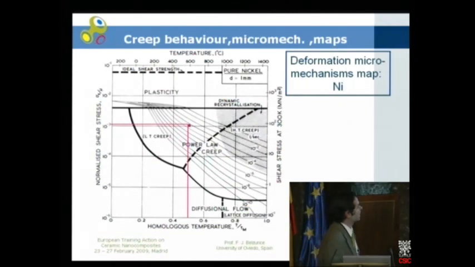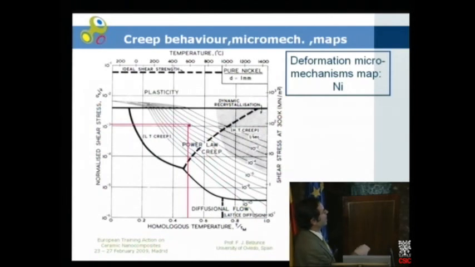Let's, for example, take one case like this one. We can suppose that we have a nickel component submitted to a stress such that the stress divided by the elastic modulus is 10 minus 3. So this is the service point related to this condition. And let's say, for example, that the applied temperature is the melting temperature divided by 2, so this is 0.5.